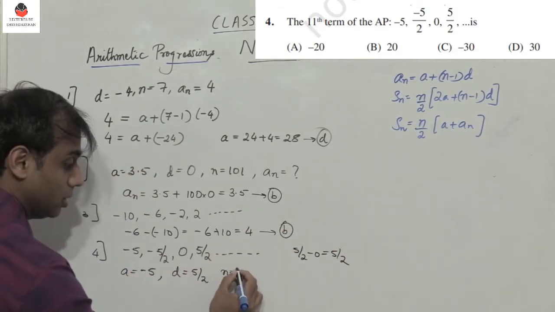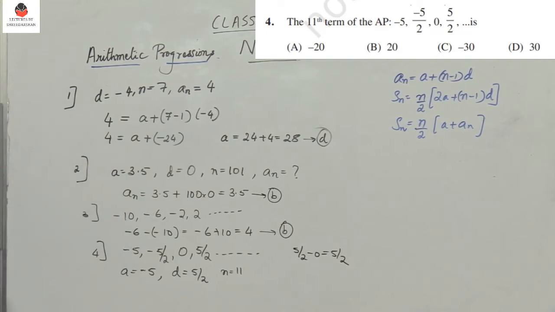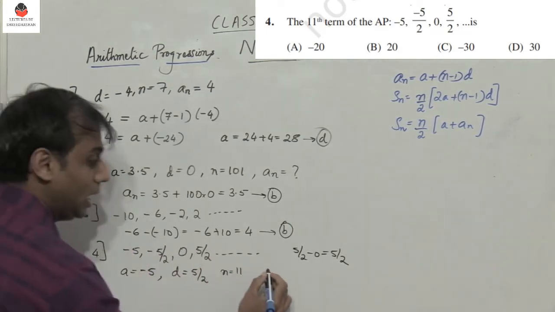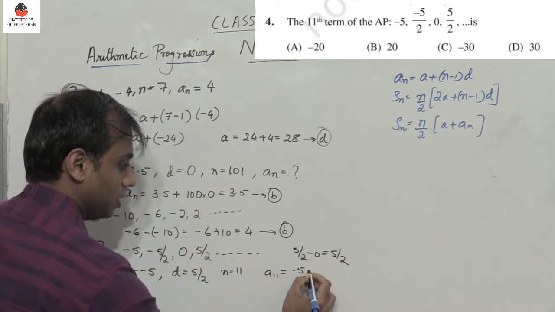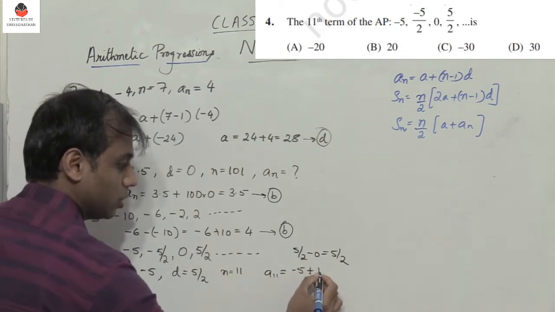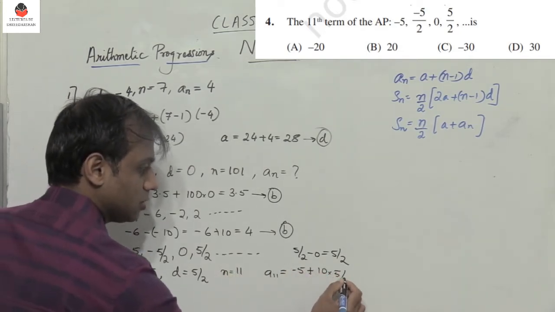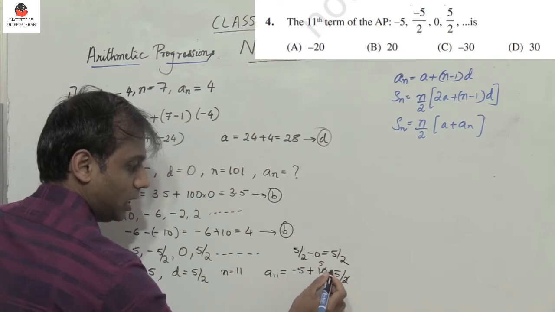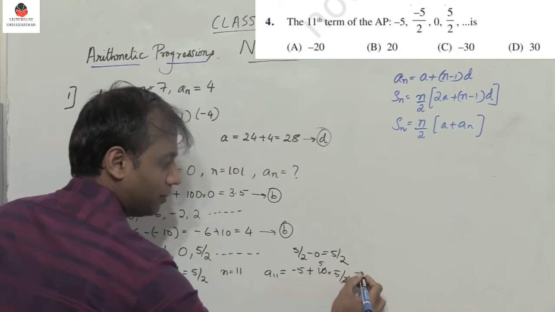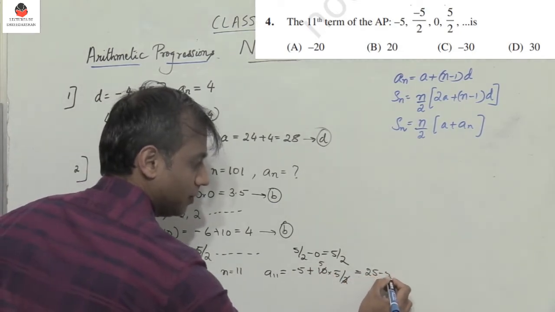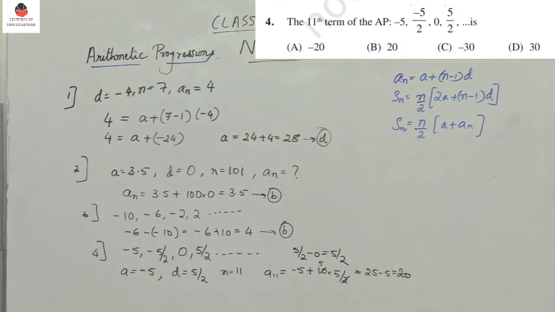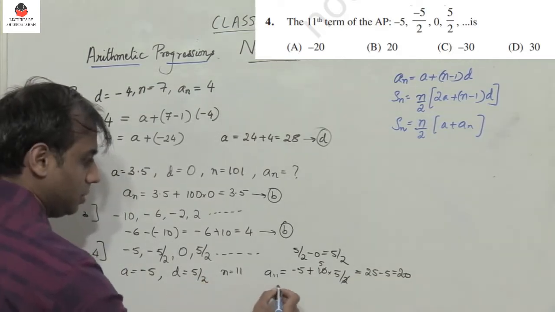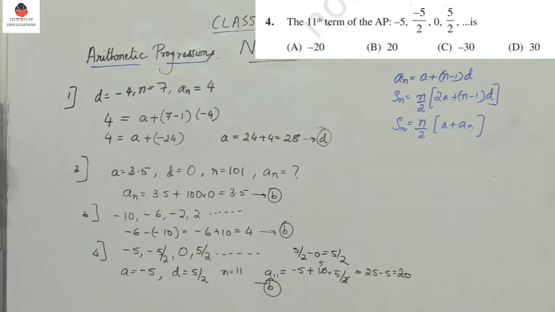So n equals 11. So a11 equals a, which is minus 5 by 2, plus 11 minus 1, which is 10, into d, which is 5 by 2. So 5 twos are 5, 5 into 5 is 25, minus 5 gives me 20. So the answer is 20, and the right option is option B.